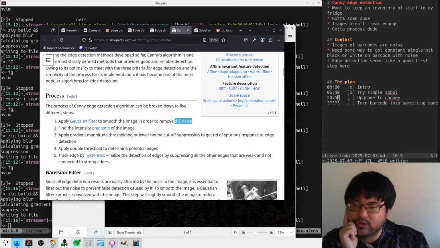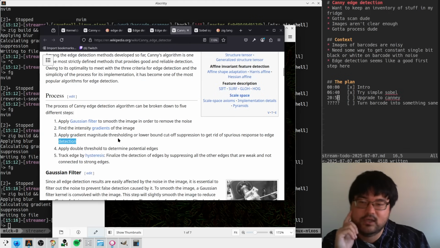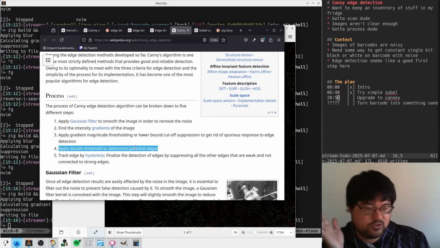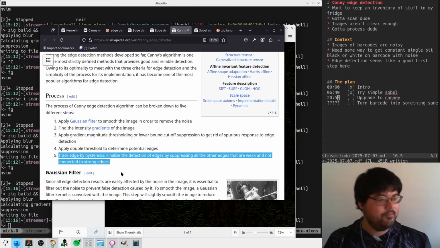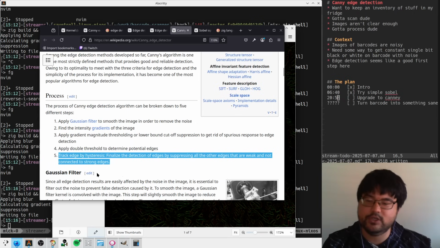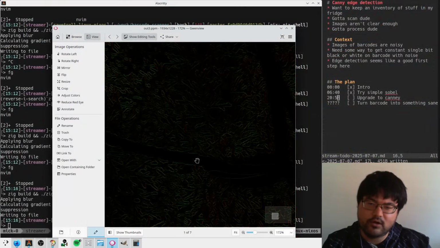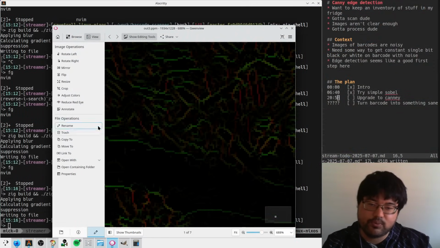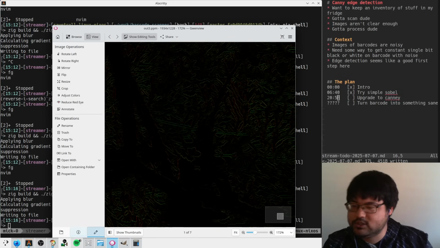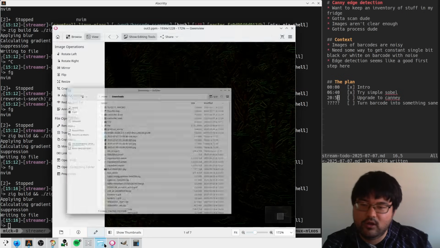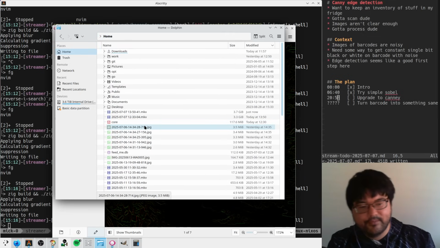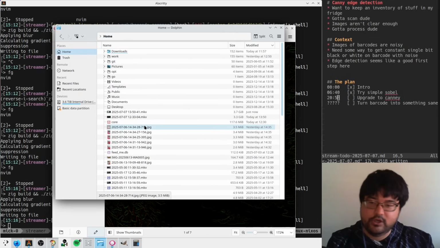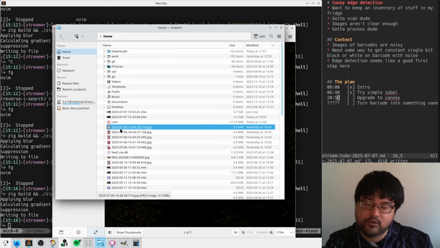So we blur, find gradients, magnitude thresholding, set some hysteresis, and promote our maybes to yeses if things are close by. This feels pretty decent. I'm interested to run this on the barcode thing now that we've done the whole thing. And if it looks good, that would be kind of cool.